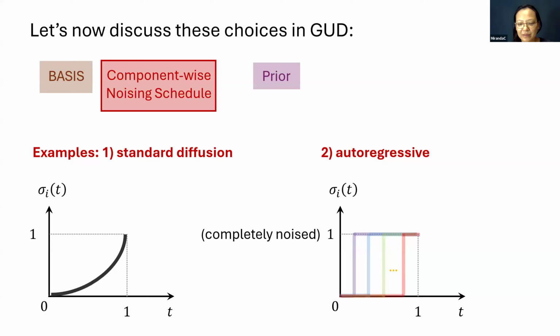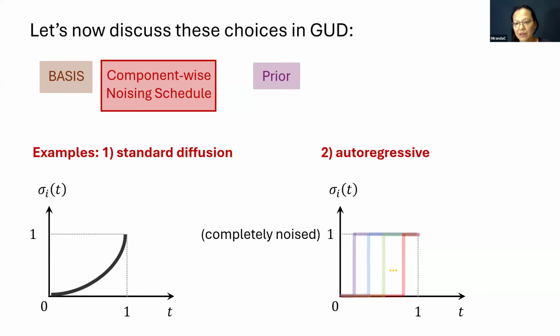What it means is that you completely noise out one degree of freedom before you do the other one. In reverse, you first completely generate, if you want, one token before you generate the next one, conditioned on the previous one.